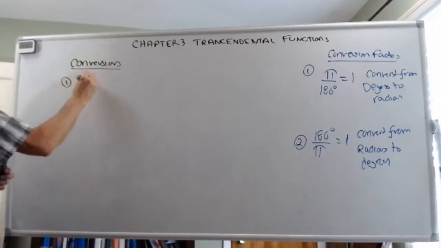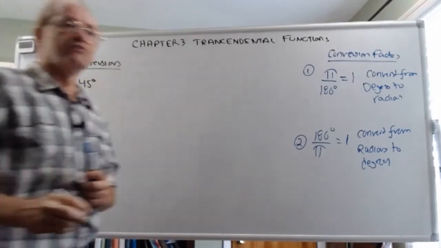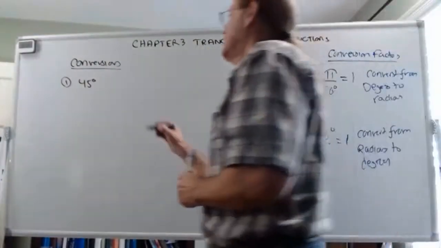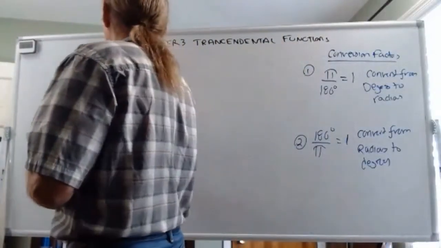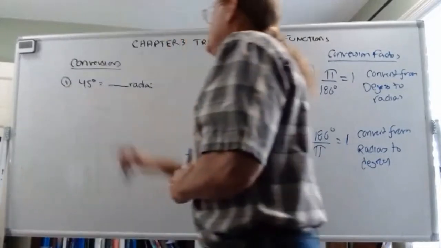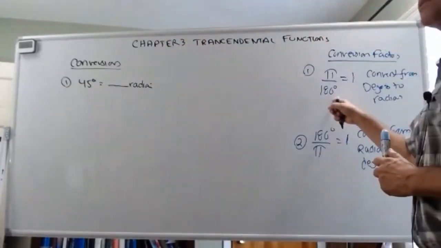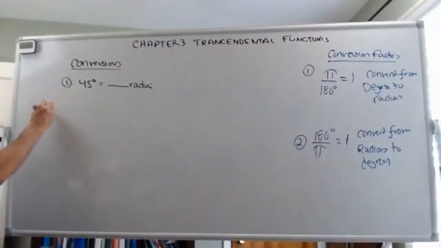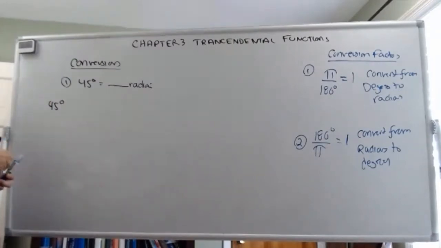I have 45 degrees, and I want to convert it into radian measure. So I want to find out how many radians that is. I'm going to use my conversion from degrees to radians. Let's plug it in. I put my 45 degrees, and I'm grabbing my conversion factor, which is pi over 180 degrees.